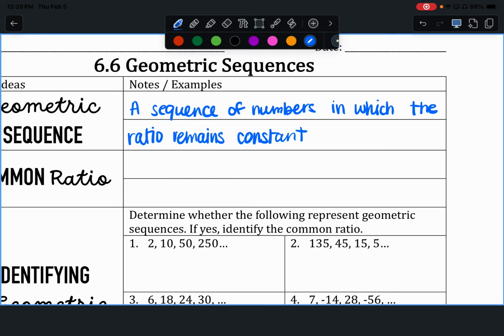And to find the common ratio, it is found by dividing each term by its previous term.